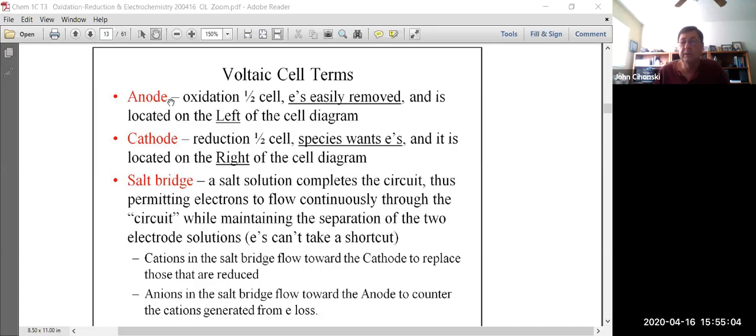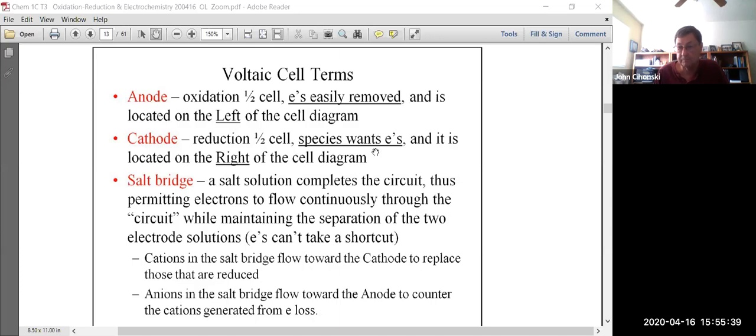It will always be, by standard notation, placed on the left, and it is the oxidation half cell, meaning it is the species that loses electrons, and it is always called the anode, right? Now, on the right-hand side, we had something called the cathode. By standards that have been developed years ago, that is called the reduction half cell. And that will be the species that wants the electrons.